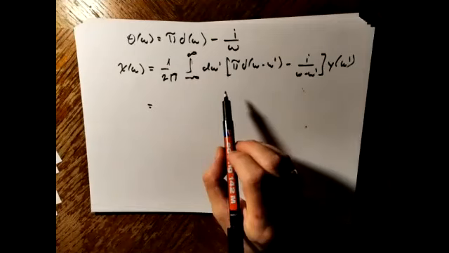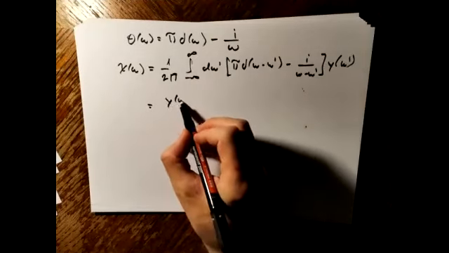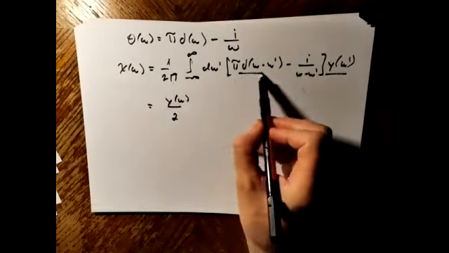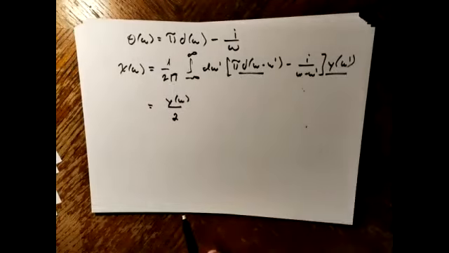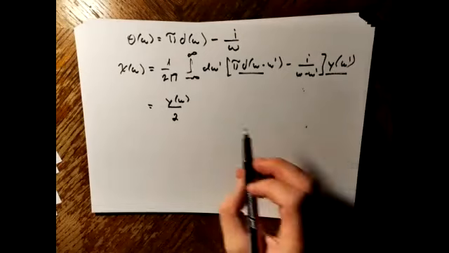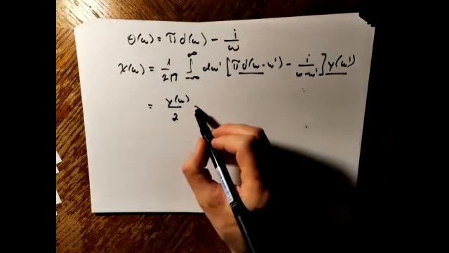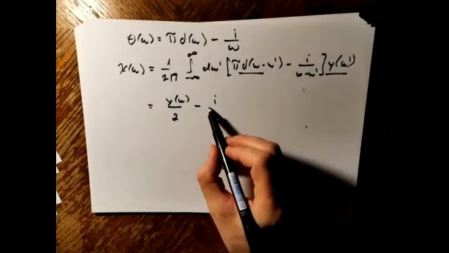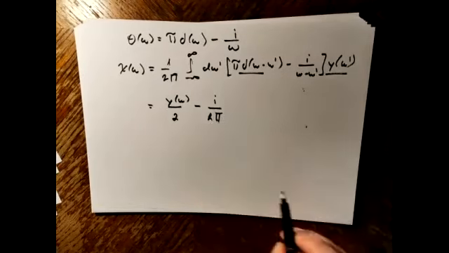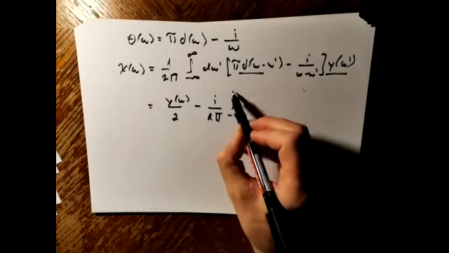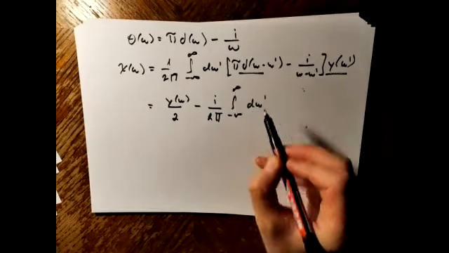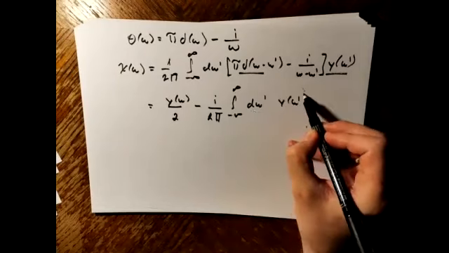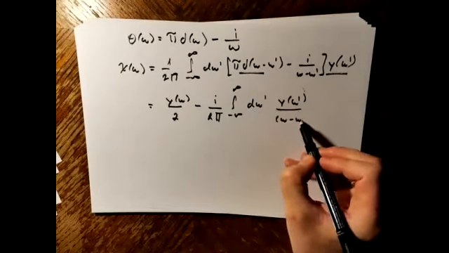That actually gives me, first of all, y(ω) divided by 2. So it gives me that once when the delta function hits this. And then it gives me something else, which seems to be minus i over 2π, integral from minus infinity to plus infinity dω′ y(ω′) divided by (ω minus ω′).